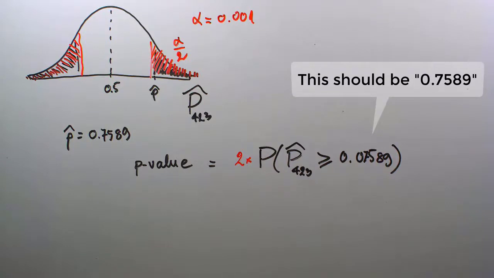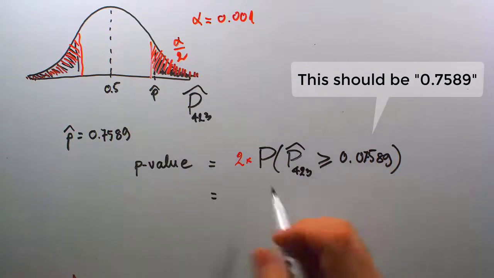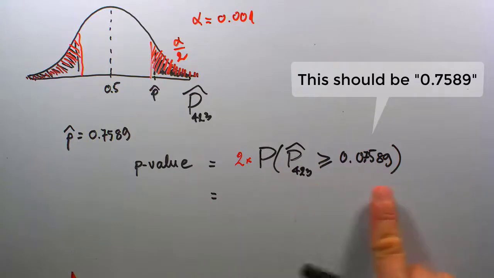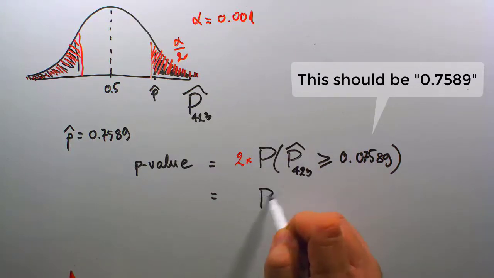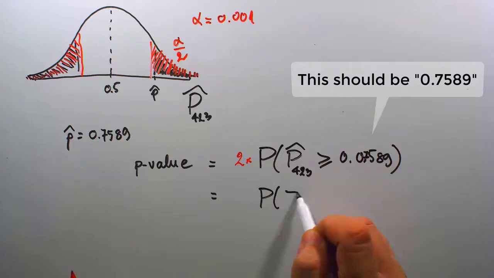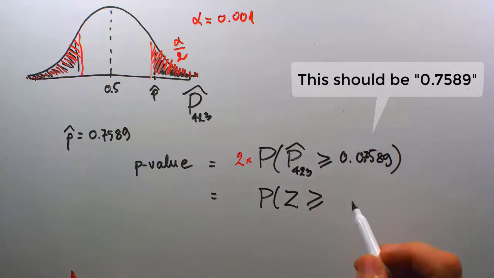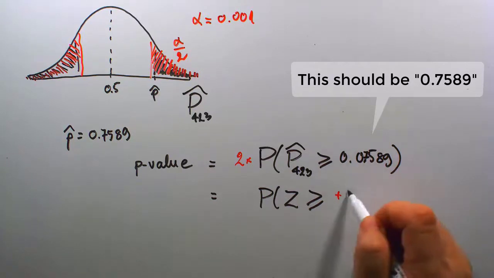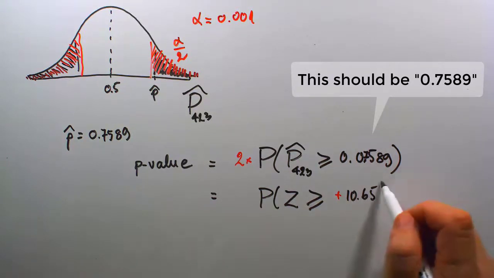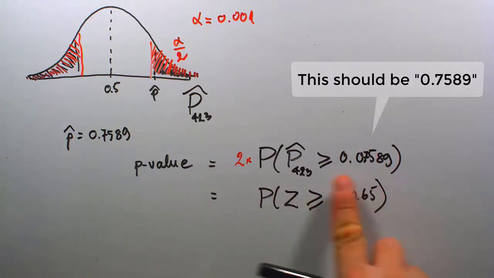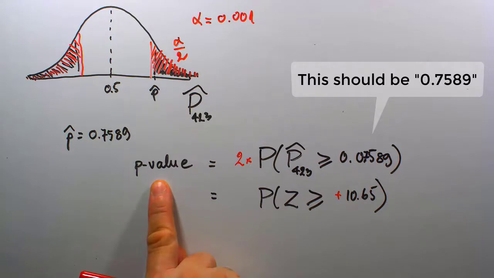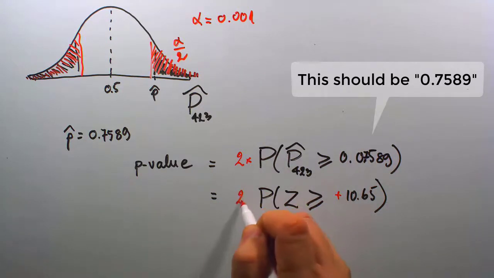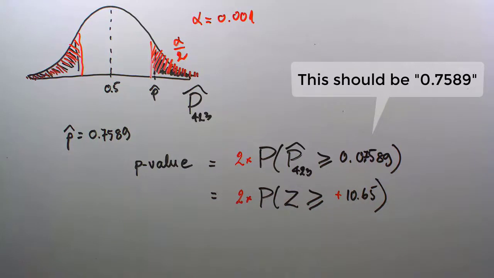And so in that way, among my steps, I was showing that finding the probability here is the same as finding the probability on the standard normal distribution curve, where z-score is greater than or equal to positive 10.65. But again, only doing this is a one-tail p-value. Our actual p-value here needs to be a two-tail p-value, and so we multiply that by 2. And so all that calculation among the steps eventually came out.